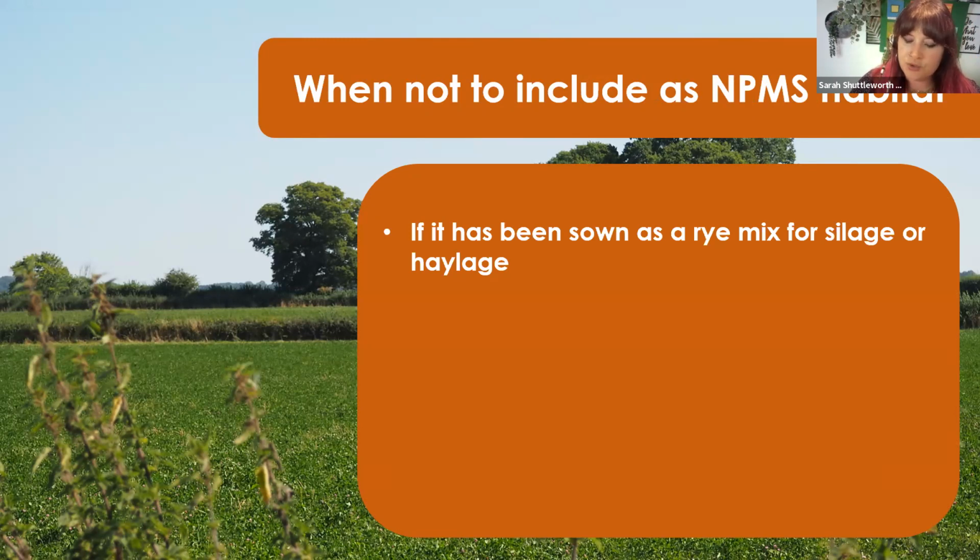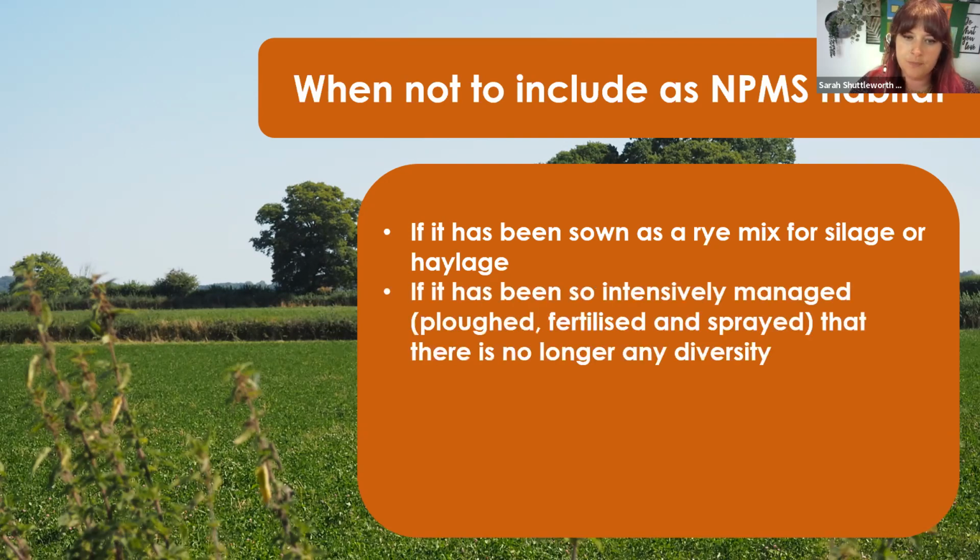That was sown just for haylage or silage, and I'm not going to want to monitor that, because lo and behold, this winter it was completely ploughed up and now there's winter wheat out there. So that's not the kind of habitat we want. It's something that's been established as a grassland for quite a long time.